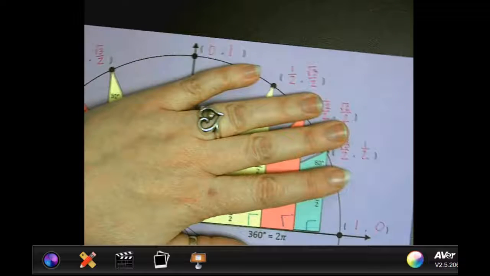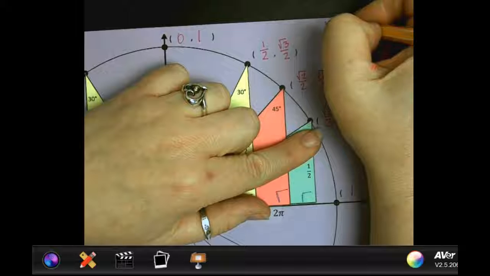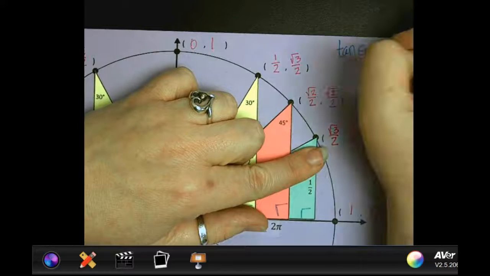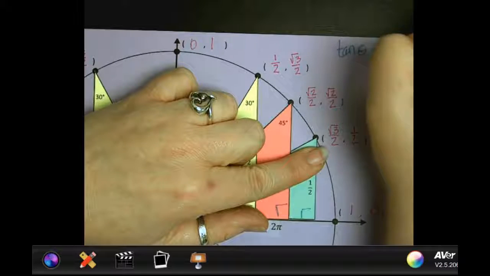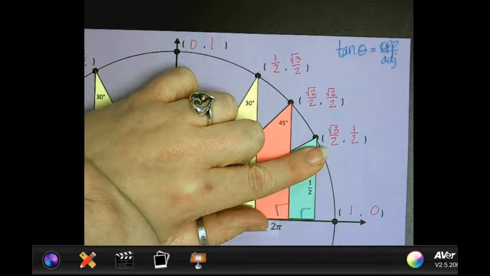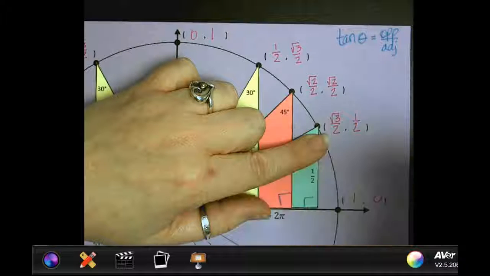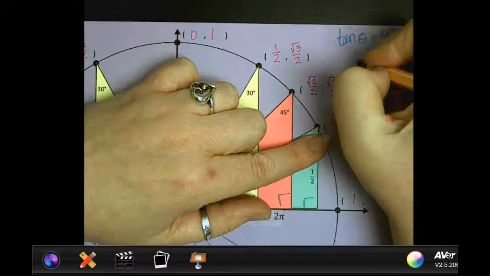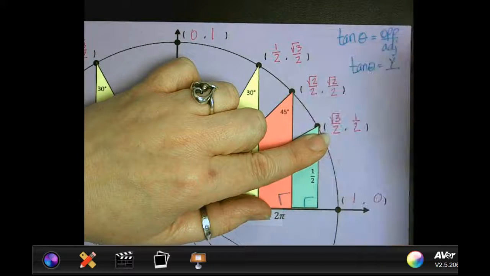All right, let's go to the top right. Tangent theta. Tangent is what over what? Opposite over adjacent. Right? Okay. So opposite over adjacent, and your opposite side on the circle is your what? Y. And so I'm going to write tangent theta is equal to y over what's your adjacent?